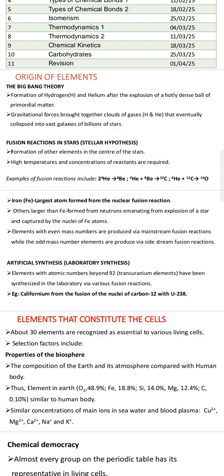And also in the Big Bang Theory, we gain billions of stars as a result of gravitational forces bringing together clouds of gases, specifically hydrogen and helium. So when you get this concept, it will be very easy for you to explain the Big Bang Theory in case you are being asked to do so.